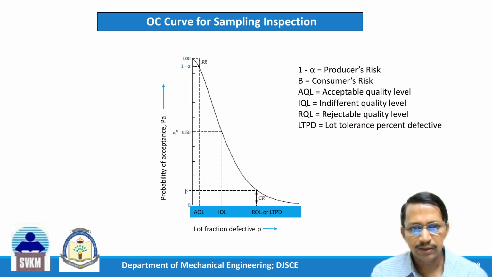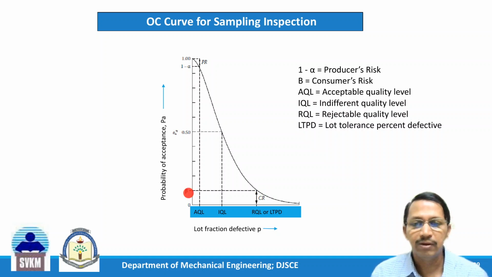And then you have the third point on the x-axis, that is RQL. It is called rejectable quality level. It is also called LTPD, or lot tolerance percent defective. It means anything of this quality is not at all acceptable to the consumer or customer, and it has to be rejected, but still he is going to accept this by beta percentage.